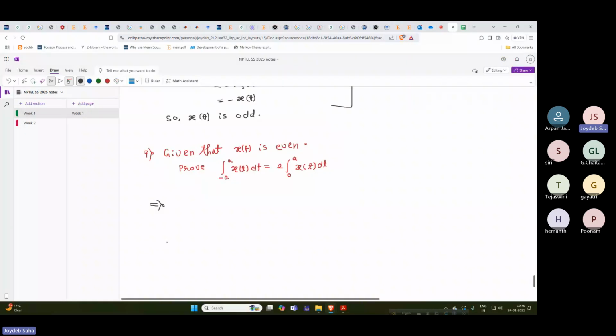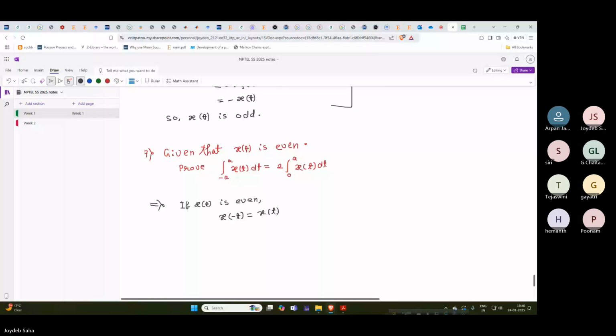If x(t) is even, then x(-t) is equal to x(t).